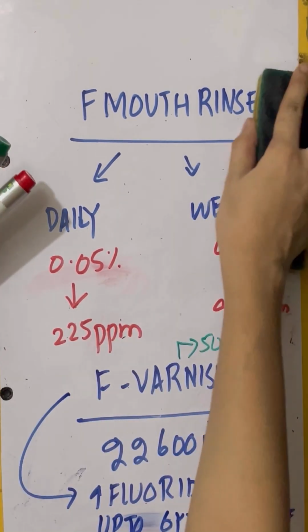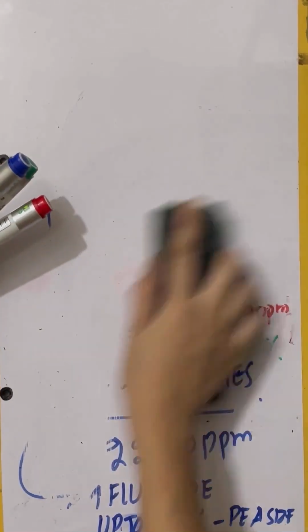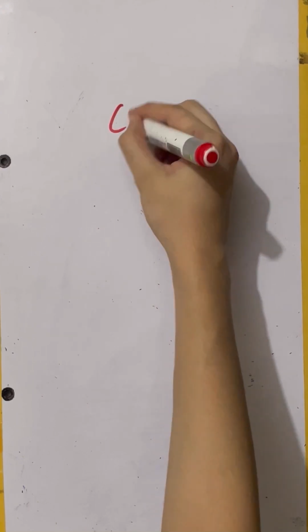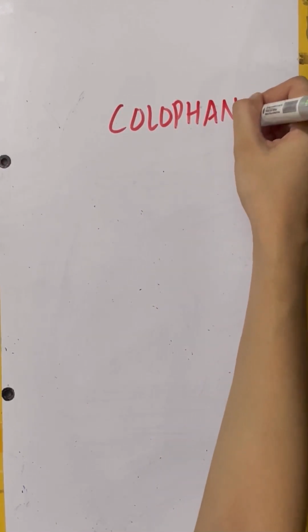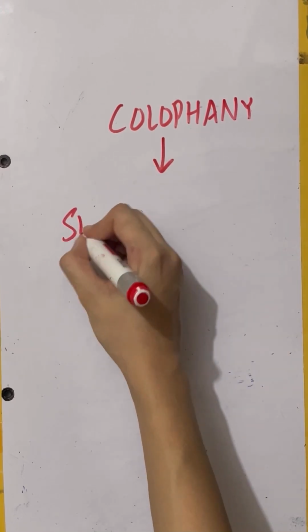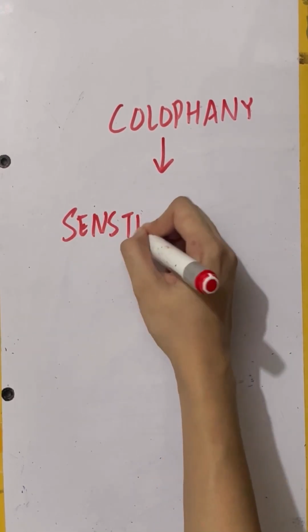But there is a problem with fluoride varnishes. They contain a material known as colophony, which has high chances of sensitivity.